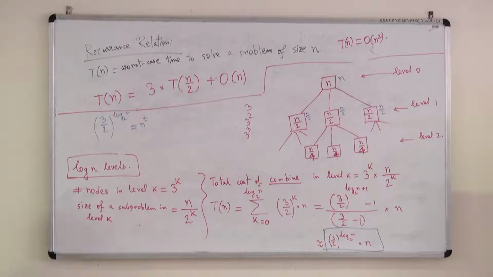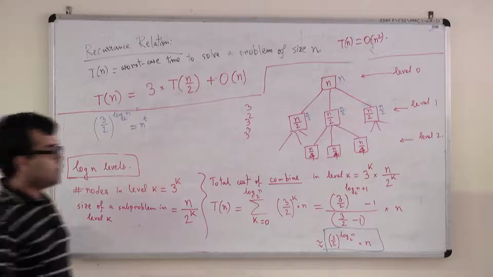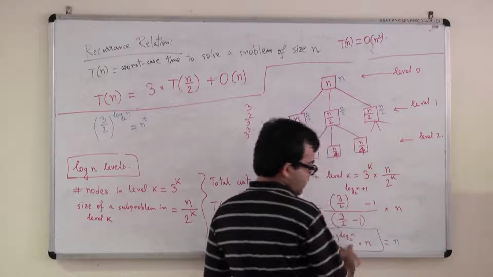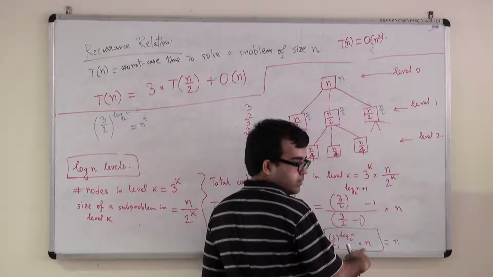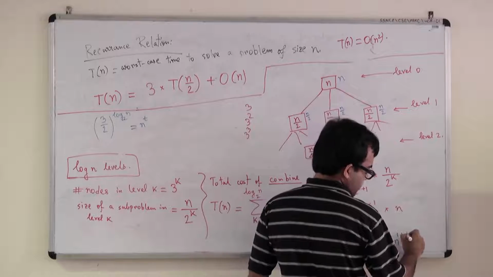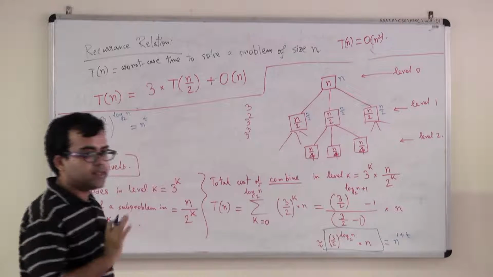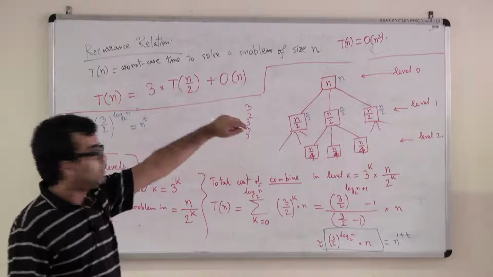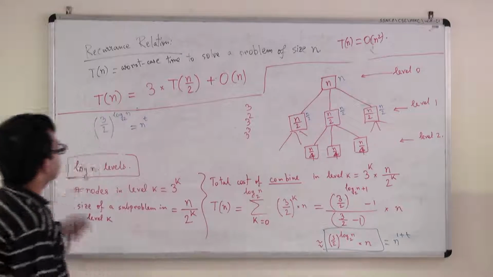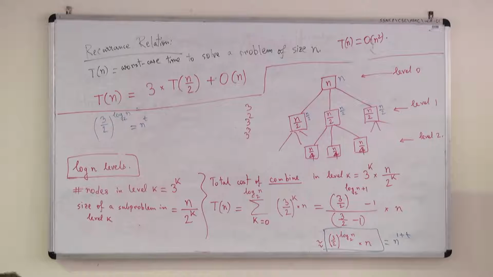If t is less than 1, we will get an improvement, because the total cost is n to the power t times n, so n to the power 1 plus t. If t is less than 1, we get better than n square running time. Earlier we were getting n square running time. So is t less than 1?